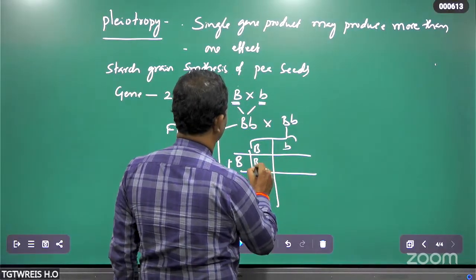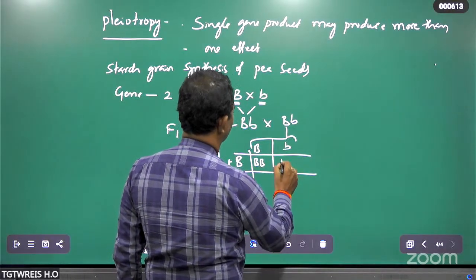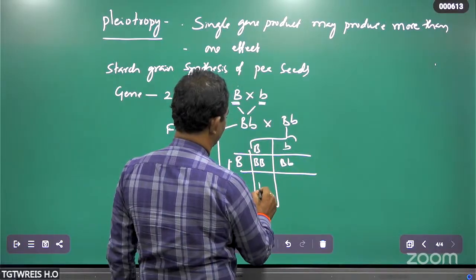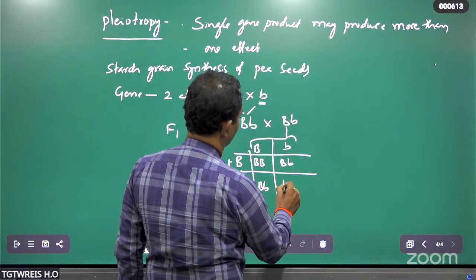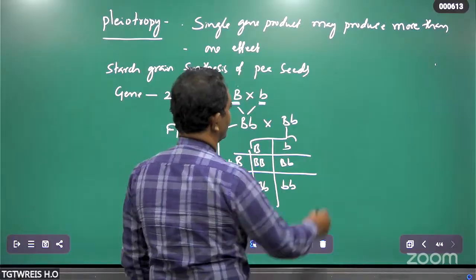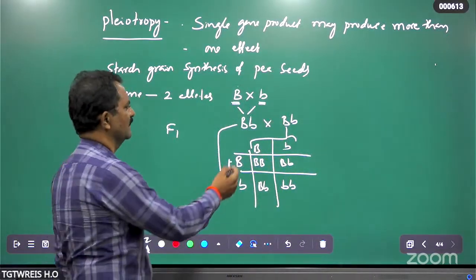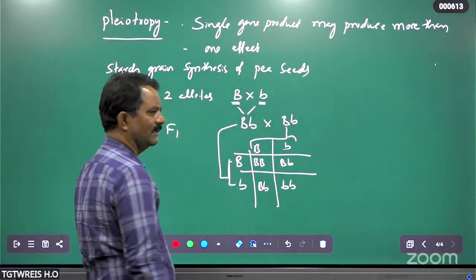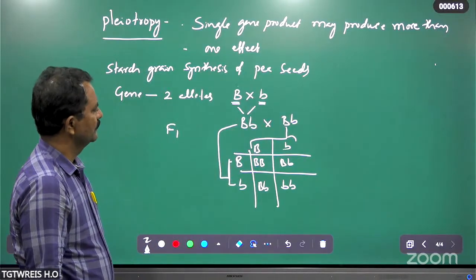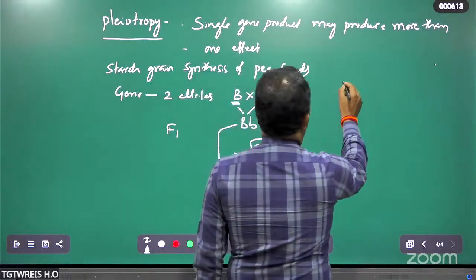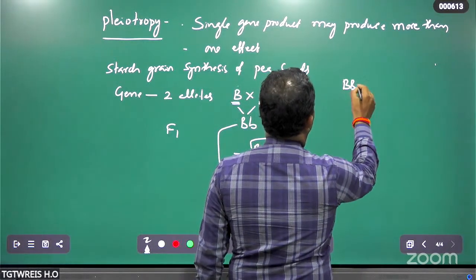Then we get BB, Bb, Bb, and bb. Here the F1 is always 100% hybrid.